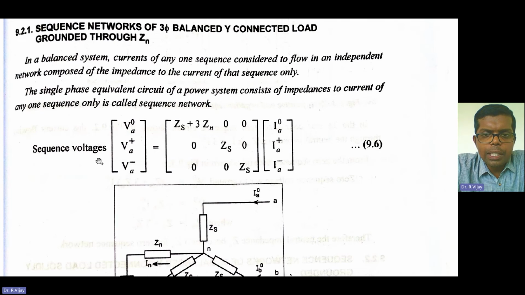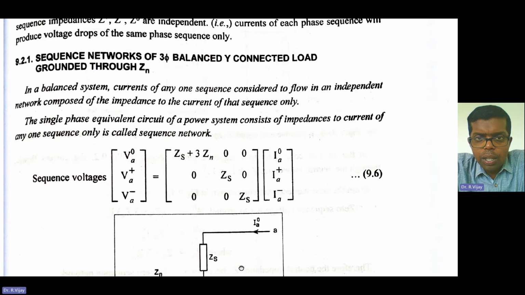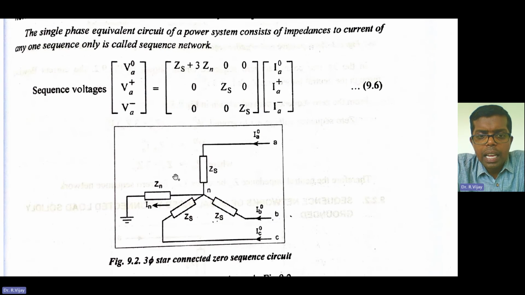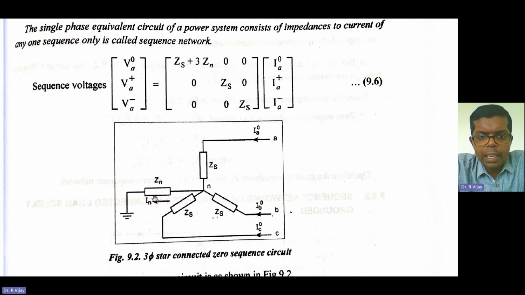What are the sequence voltages? The sequence voltages V_A0, V_A positive and V_A negative are equal to the matrix with Z_S plus 3 Z_N, 0, 0, 0, Z_S, 0, 0, 0, Z_S, multiplied by I_A0, I_A positive and I_A negative, from the previous formulation. So here, this is the three-phase star connected zero sequence circuit, grounded through Z_N.